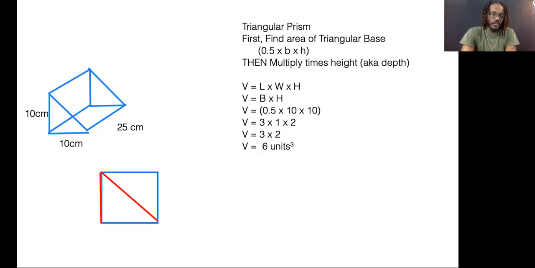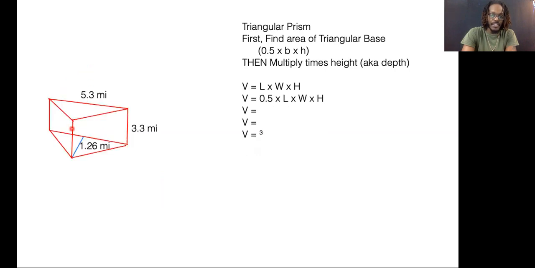This 5.3 is the length of this long side of the triangle. And if the base of this triangle is 5.3, then the base of this triangle is 5.3. If the height, which is this blue line, is 1.26, then the height of this triangle is also 1.26, which means we have all the information that we need to answer this question.